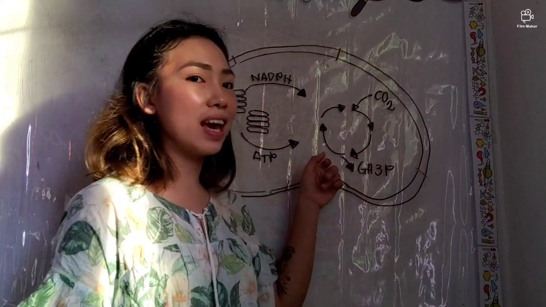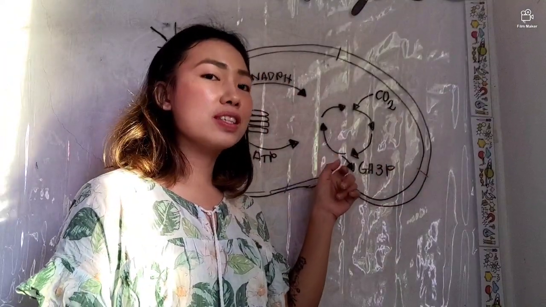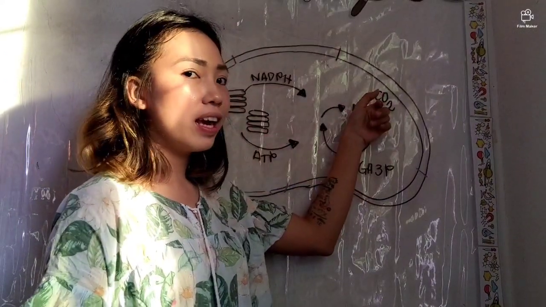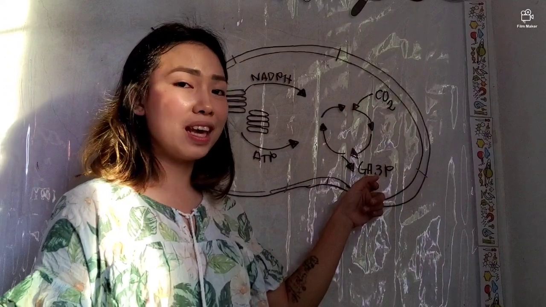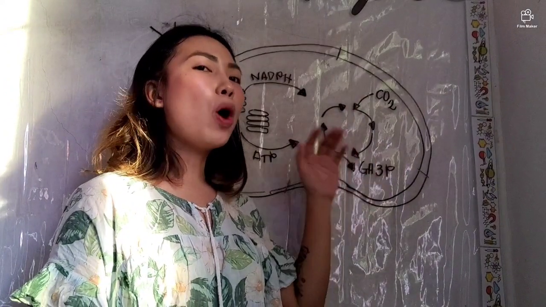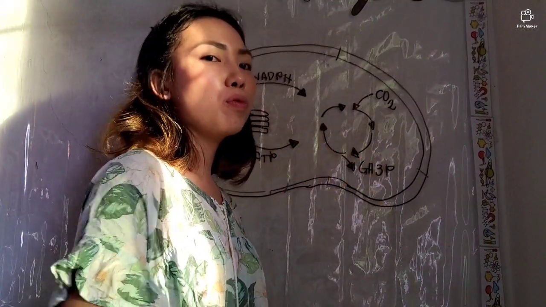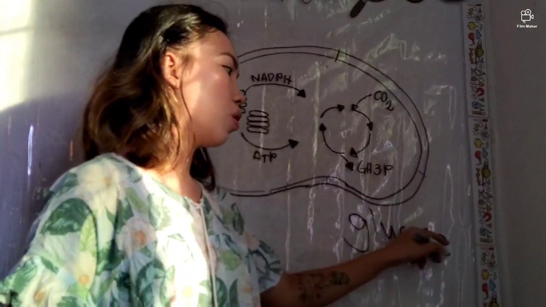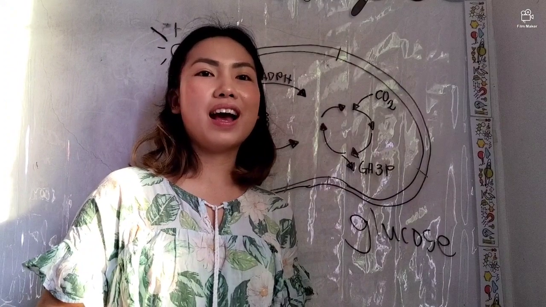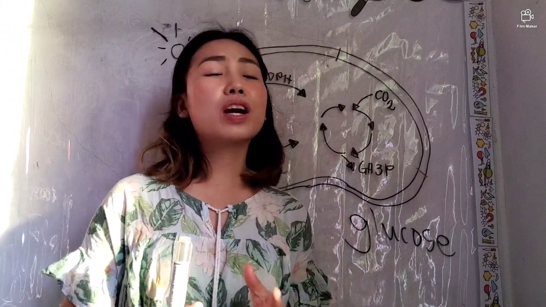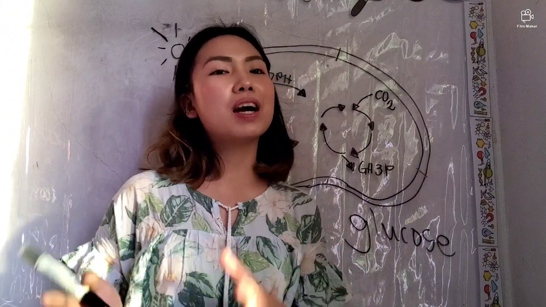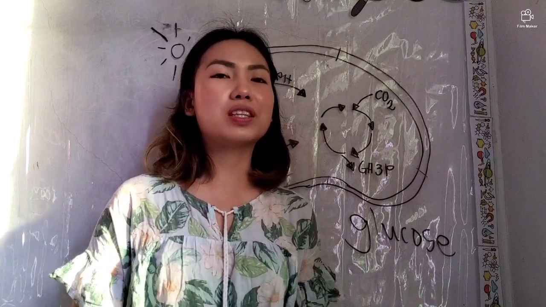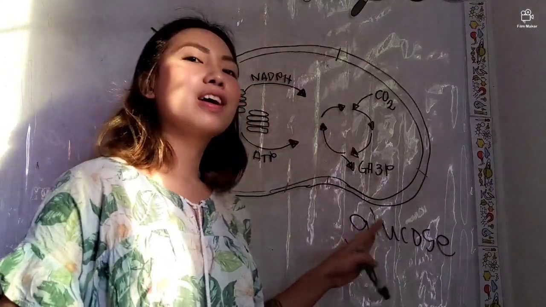In the Calvin cycle, it converts carbon dioxide into glucose, and at the end of the process, photosynthesis will produce glucose or carbohydrates. Since in our equation, ang product o produkto ng ating photosynthesis is mainly to make glucose.